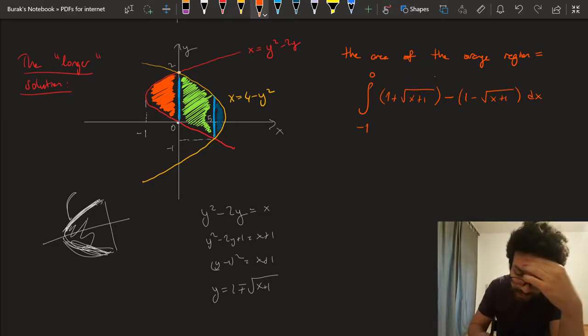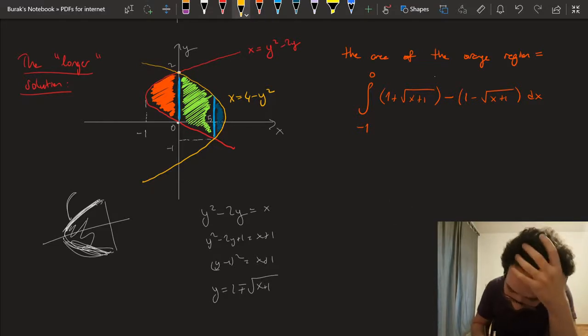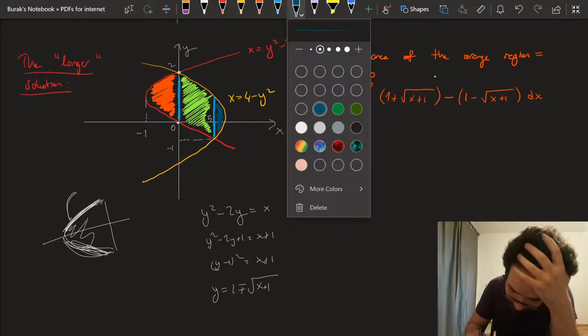Now, the area of the green region, where's my green?